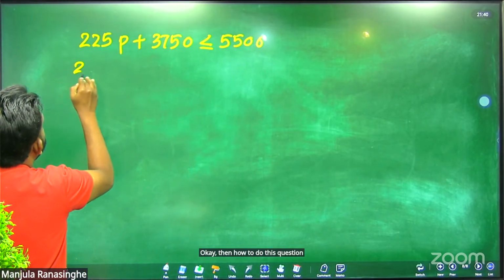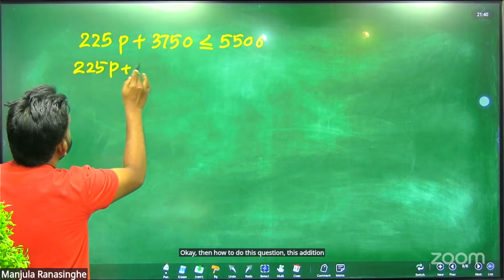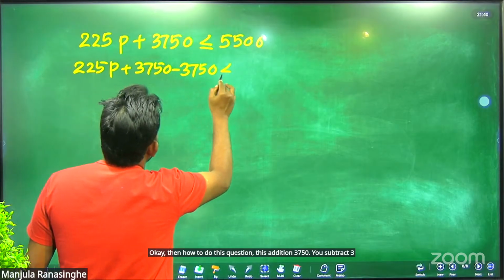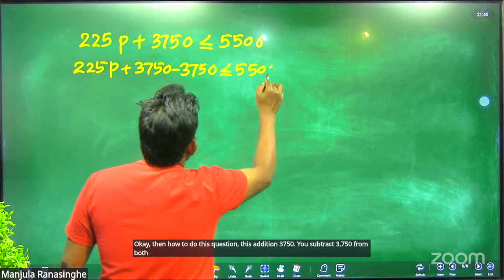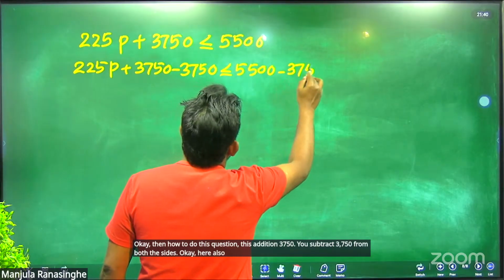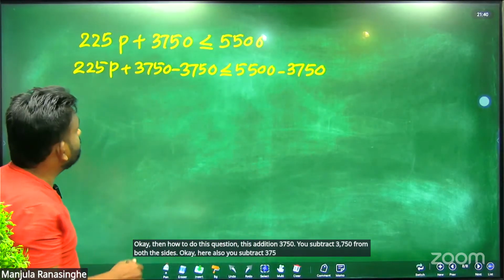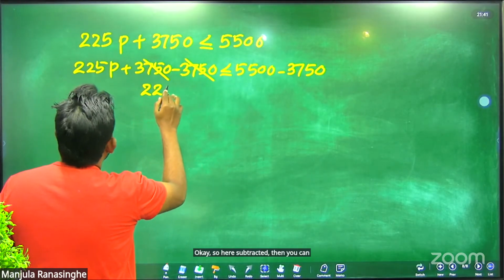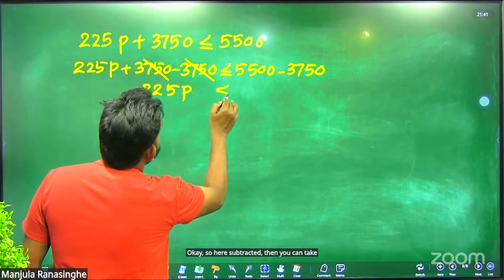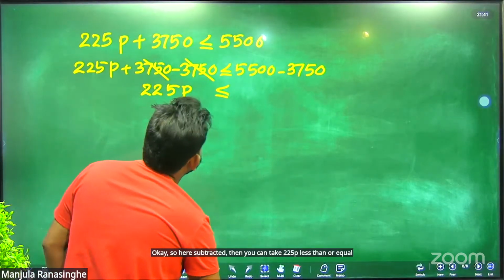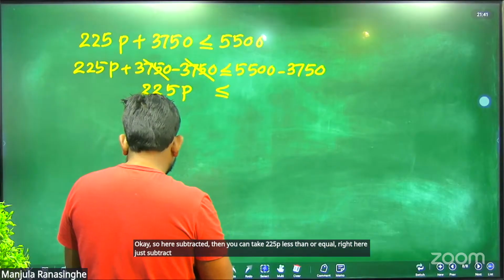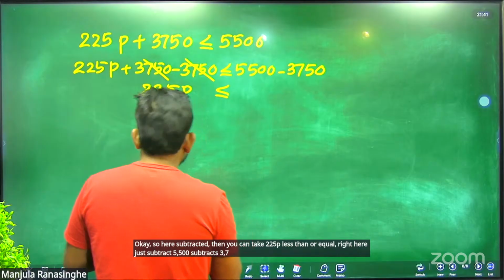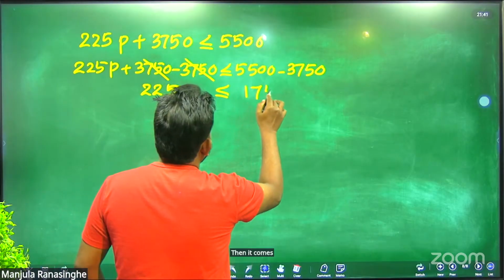This addition 3750, you subtract 3750 from both sides. Here also you subtract 3750. Then you can take 225p less than or equal to 5500 subtract 3750, which comes as 1750.